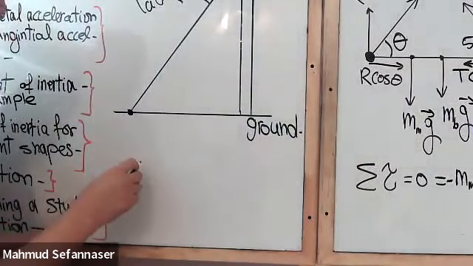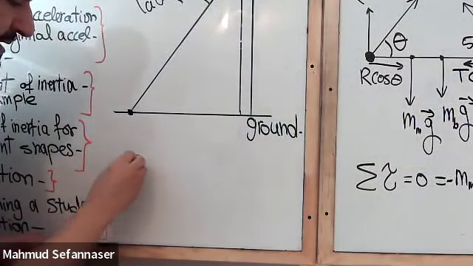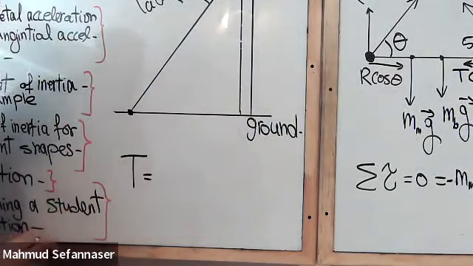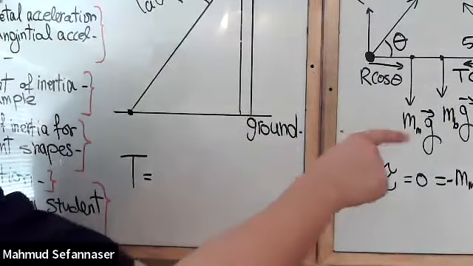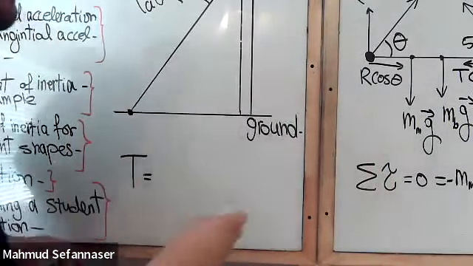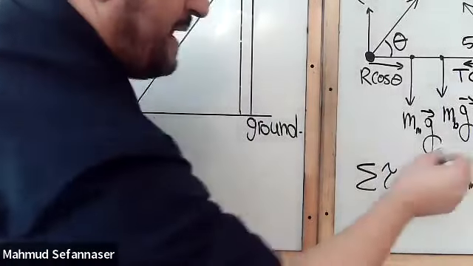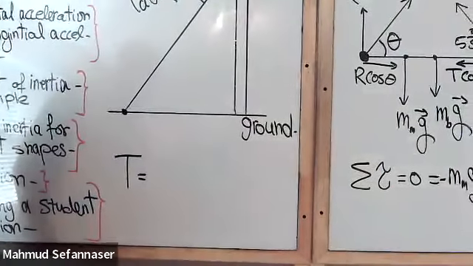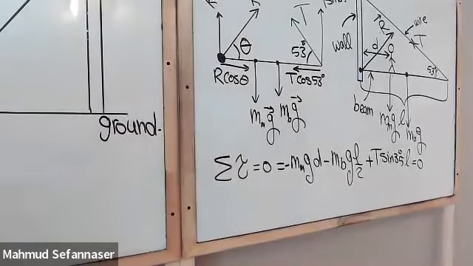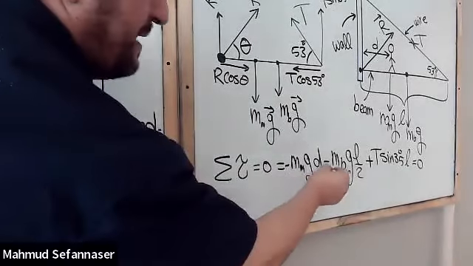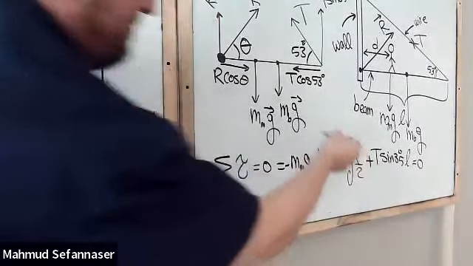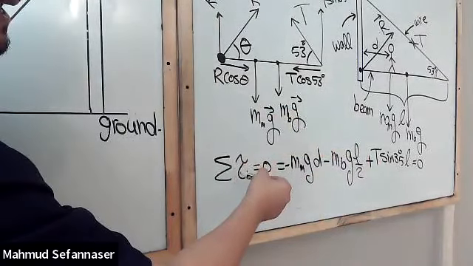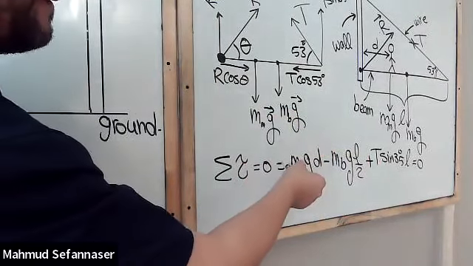So now if I solve for tension force, you can see that tension force is equal to, let's see, if I move this term and that term to the left-hand side, I will have positive and positive.